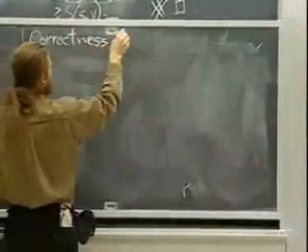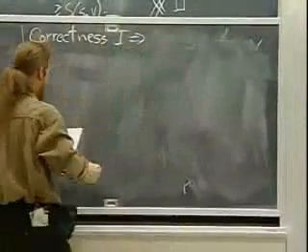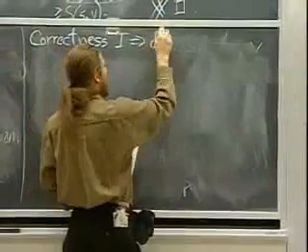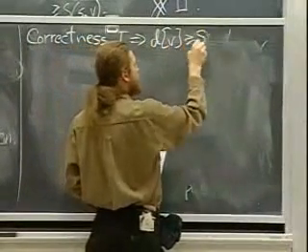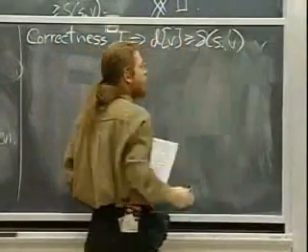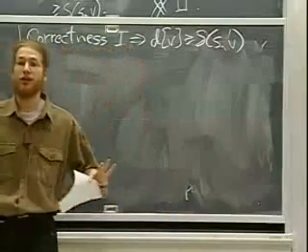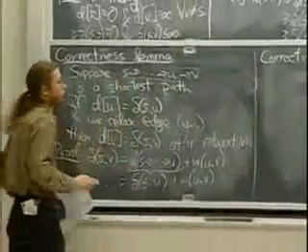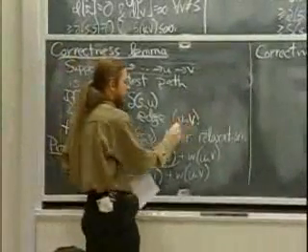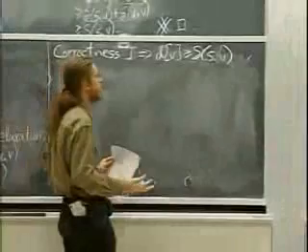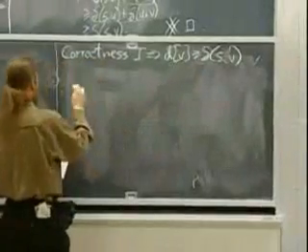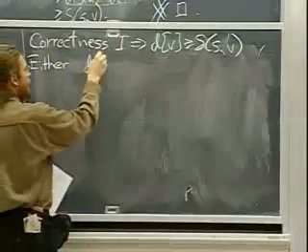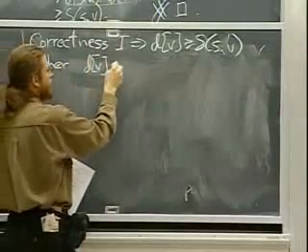There are a few cases, and this will eliminate some of them. By correctness 1, we know that d of v is greater than or equal to delta of s comma v, so it's either equal or greater at all times. I'm thinking about the time before we do the relaxation of uv, and at that point this is certainly true.